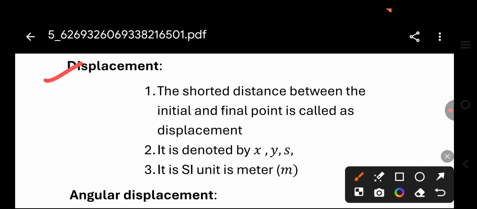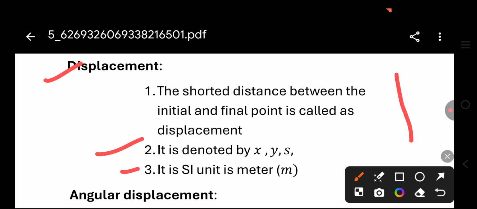The shortest distance between the initial and final point is called displacement. In the second point, displacement is denoted by x, y and s. Its SI unit is meter. Then what is meant by shortest distance?